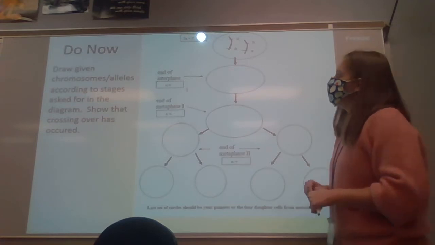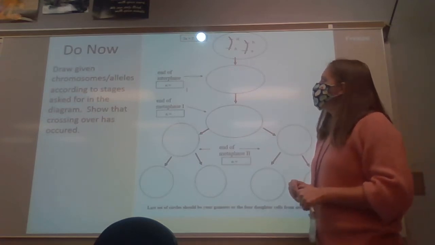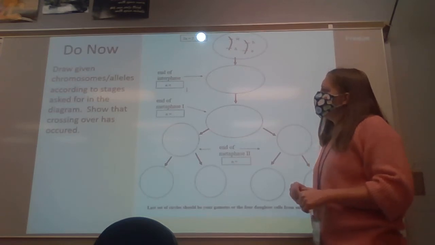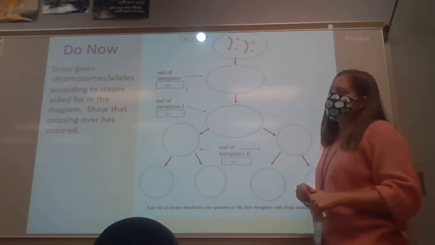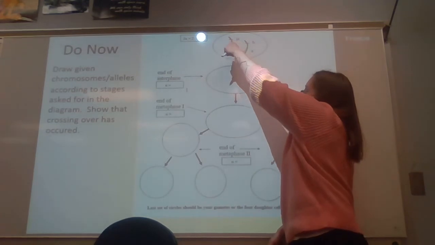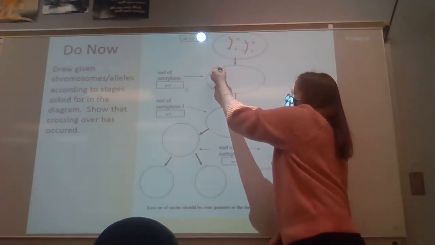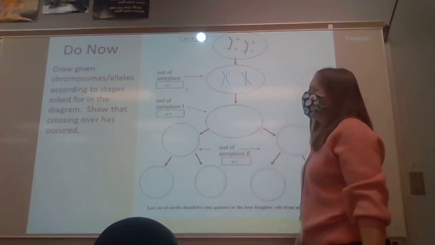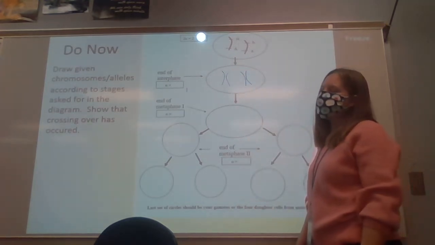All right. So that wasn't a whole ton of time. We'll just start working on this together. At the end of interphase, our chromosomes have replicated. So instead of looking like single chromosomes, they should look something like this, right? And when they replicate, they're an exact copy of each other.